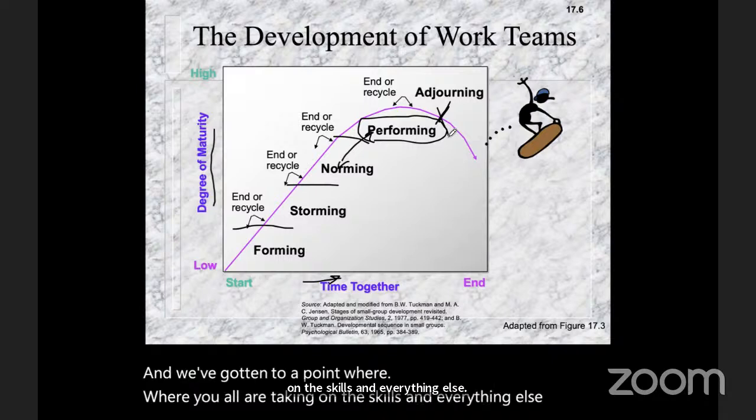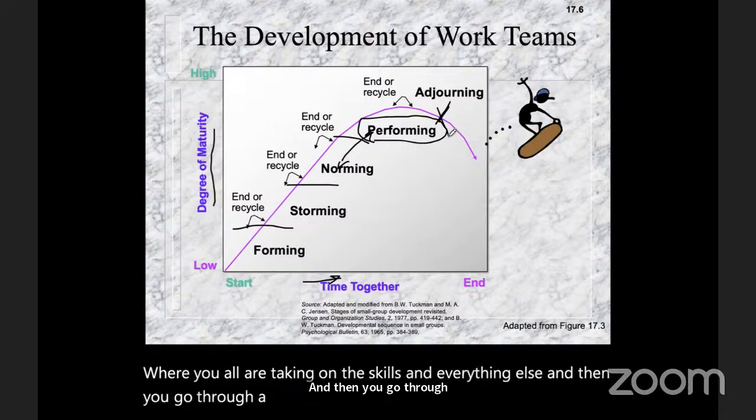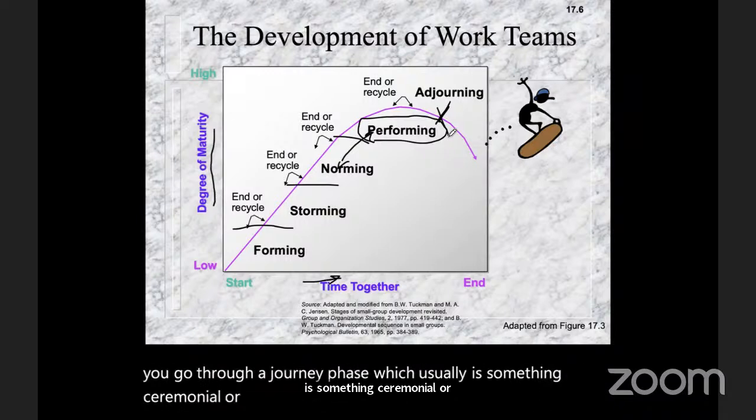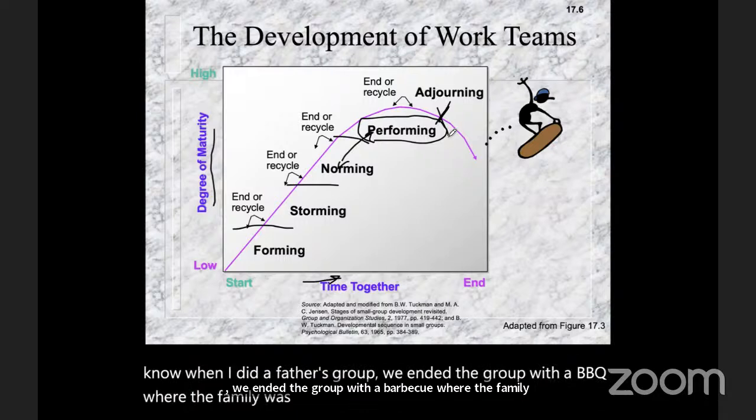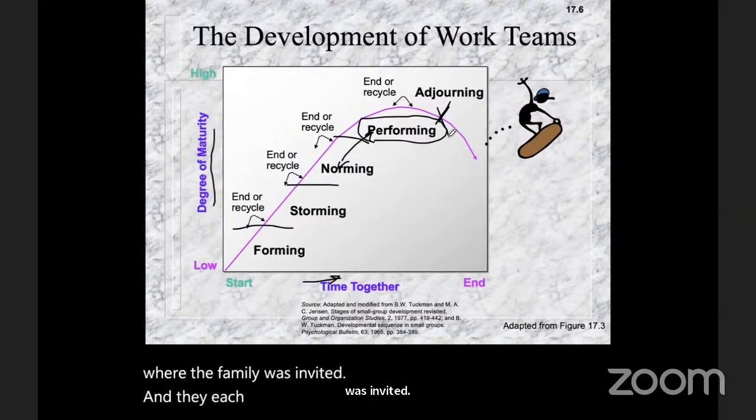And then you go through an adjourning phase, which usually is something ceremonial, or certificates are handed out, families are invited. When I did a father's group, we ended the group with a barbecue where the family was invited, and the fathers each cooked a meal for their family.